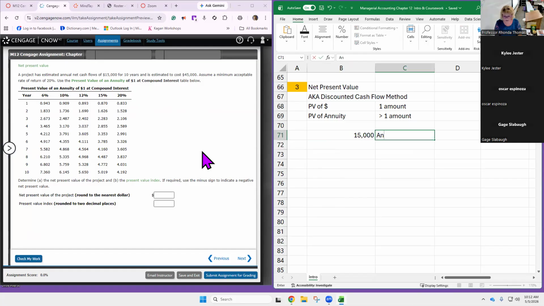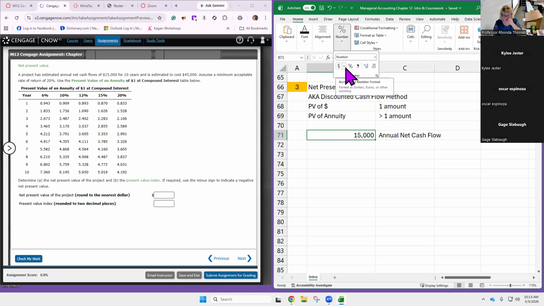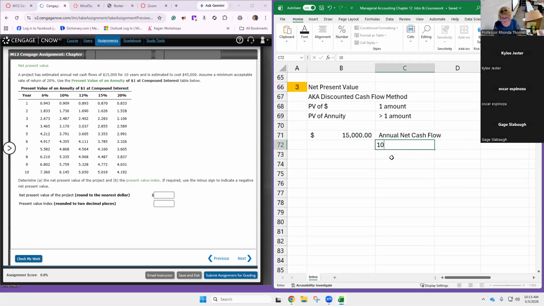Now we need to figure out, because this is going to be 10 years, that's more than one payment, right? Yes. So 10 years equals 10 amounts, basically. So we're definitely going to use the present value of an annuity. We're going to use the table, present value of annuity.